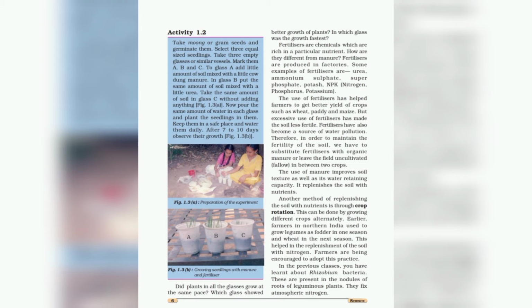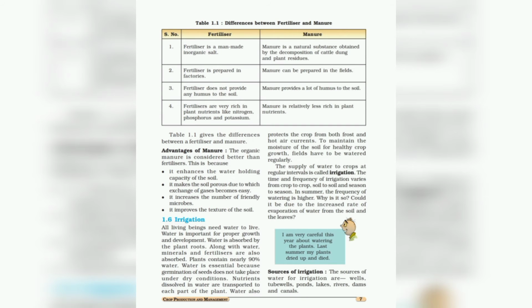So we can say that the use of fertilizer has helped farmers to get better yield of crops such as wheat, paddy and maize that we have studied already. So students, we can say that there are advantages and disadvantages of using fertilizer. And what is the difference between fertilizer and manure?